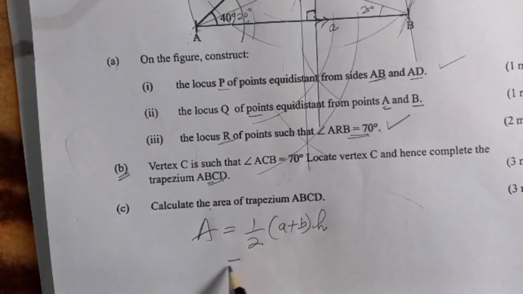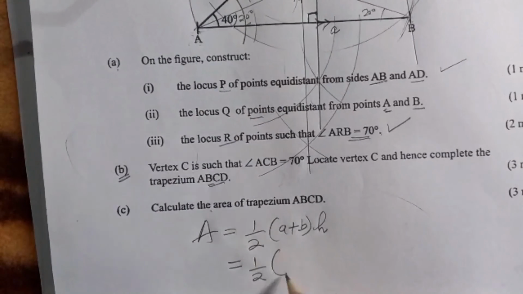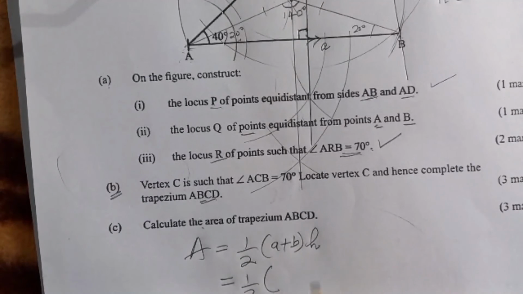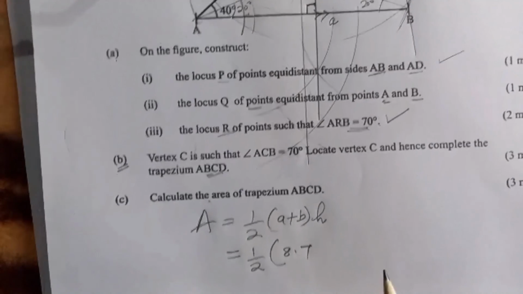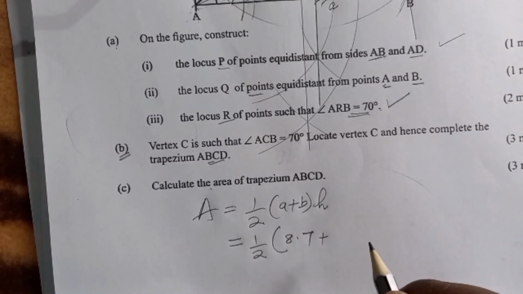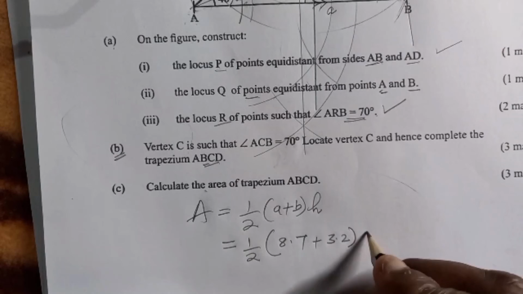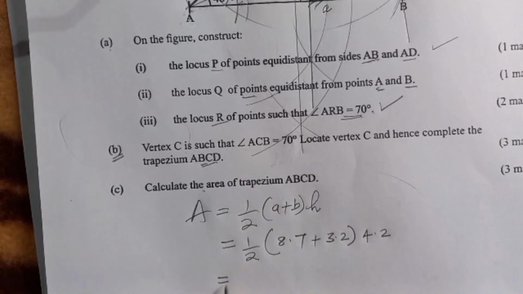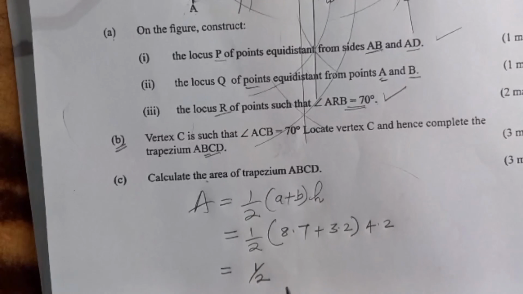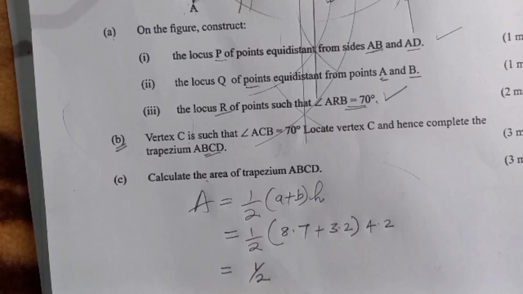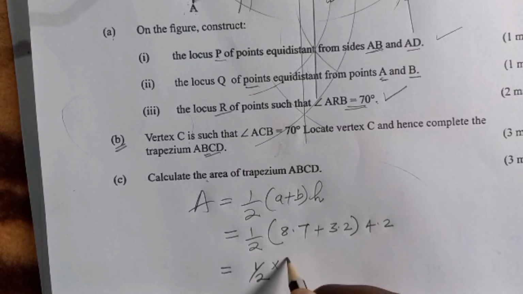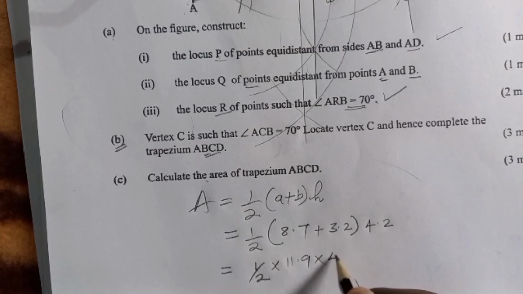So area is equal to half multiplied by the sum of the two sides. AB was 8.7 plus the other side DC 3.2, then times the height, which is 4.2. So this will give half multiplied by 8.7 plus 3.2, that gives 11.9, then times 4.2.